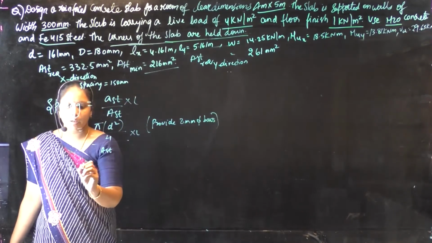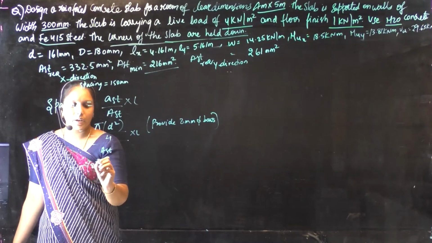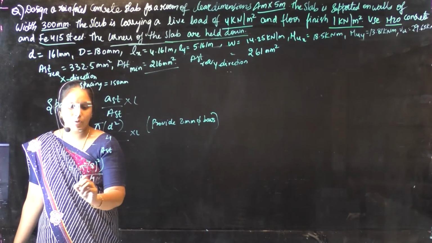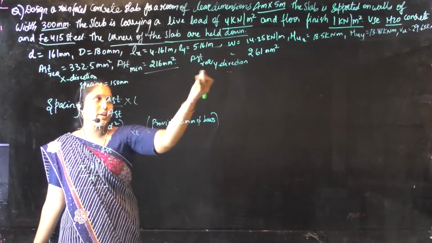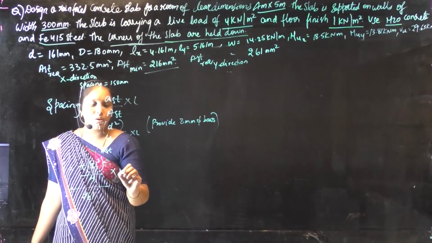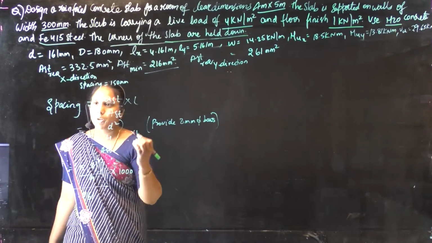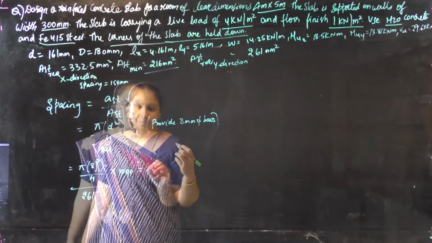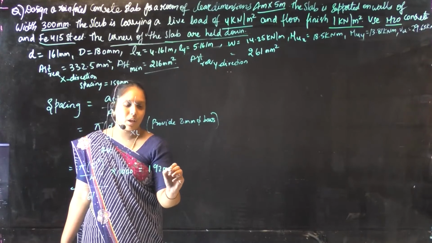So it will be pi into 8 whole square divided by 4 divided by the AST required. In the y direction, what is the AST we got? It is 261 mm square, into 1000, which will give you a value of 192 mm.